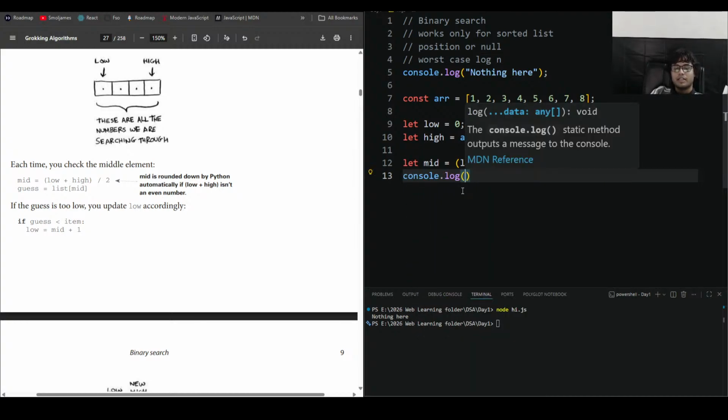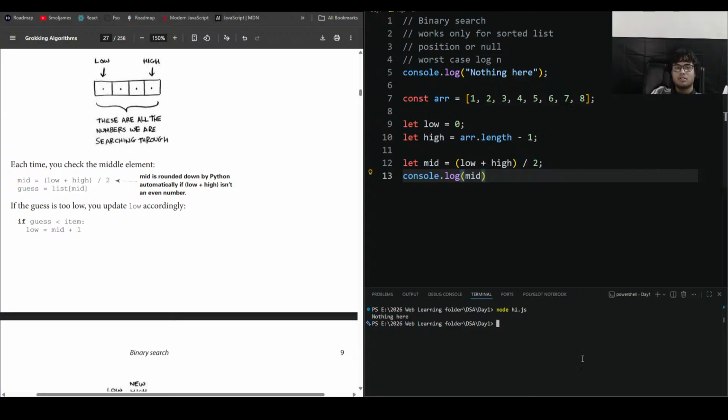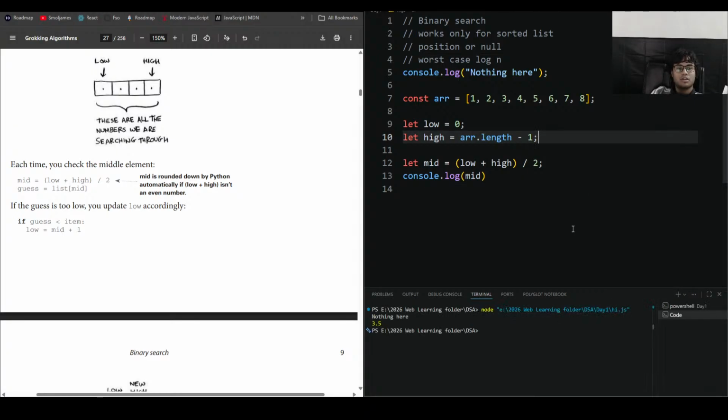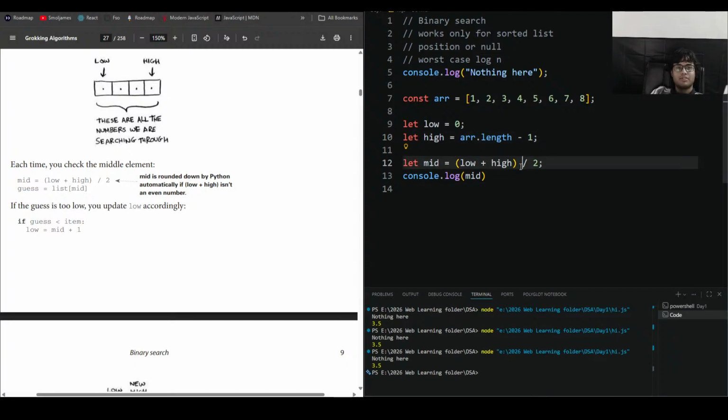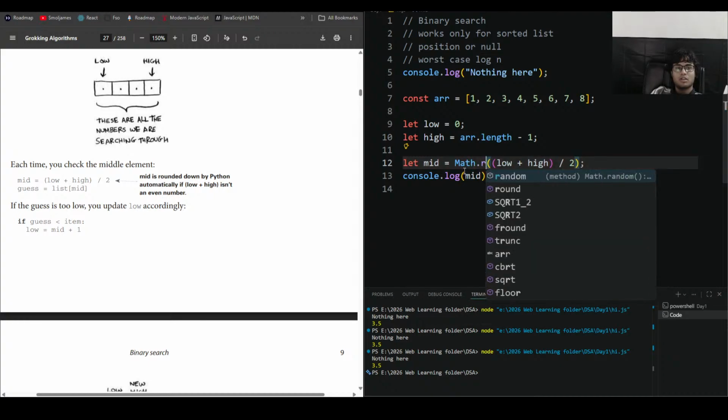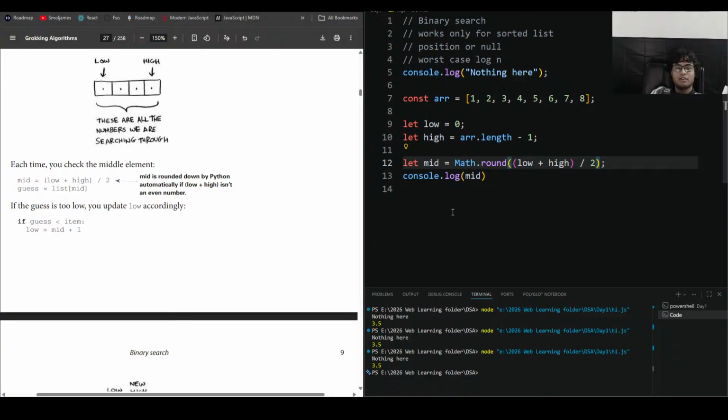Console.log this. What's the shortcut? It gives .5, so we Math.round it.